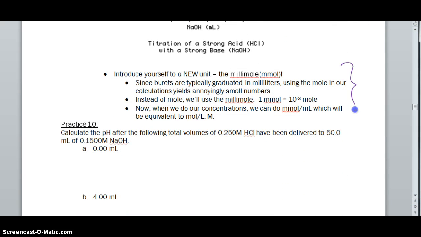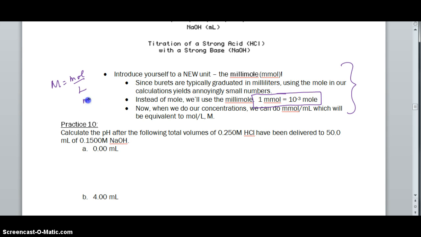Before we do that, there's a new unit, and it's not really a new unit, but it's using the mole as a millimole. So if you think about molarity, molarity is moles over liters. And so sometimes some of y'all have gotten into trouble because you've tried to plug in milliliters here, and you obviously don't get the right ratio. However, a millimole is 10 to the negative 3rd moles.